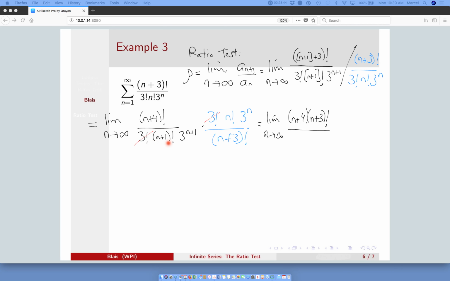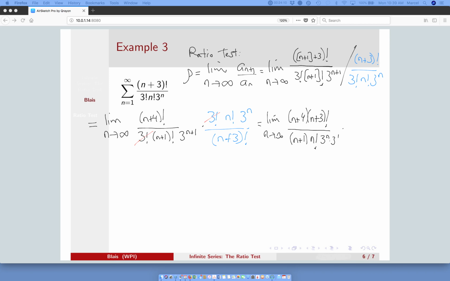For this n plus 1 factorial to match up with this n factorial, we better pop one term off. So we write that as n plus 1 times n factorial. And then the 3 to the n plus 1 and the 3 to the n, if we rewrite 3 to the n plus 1 as 3 to the n times 3 to the 1, we'll get what we want.